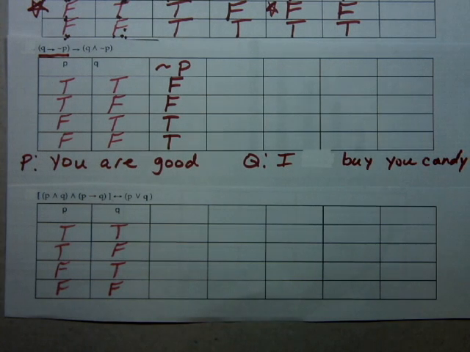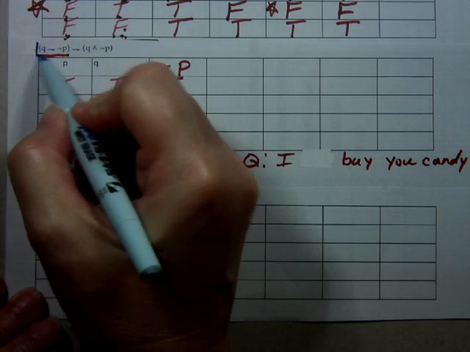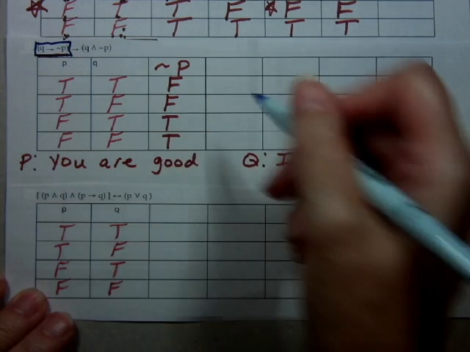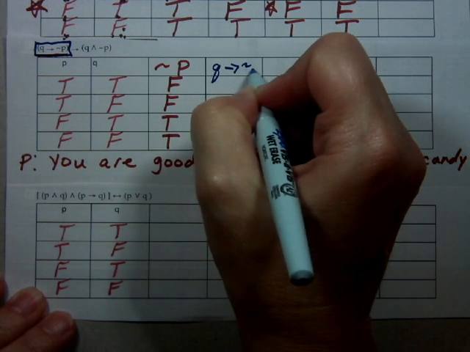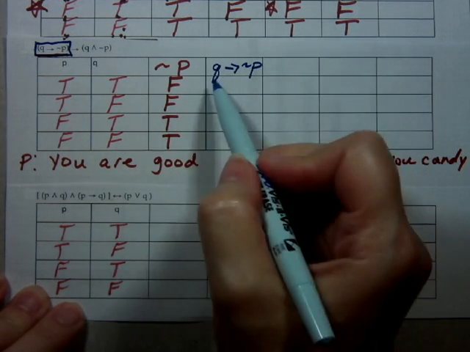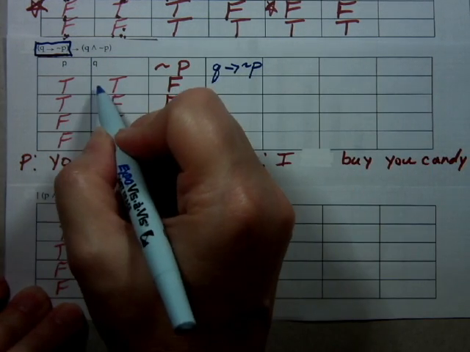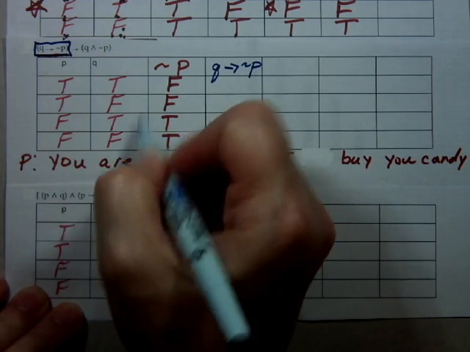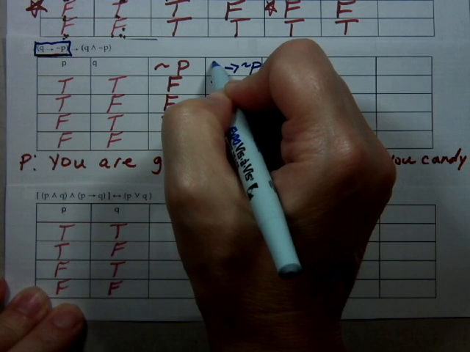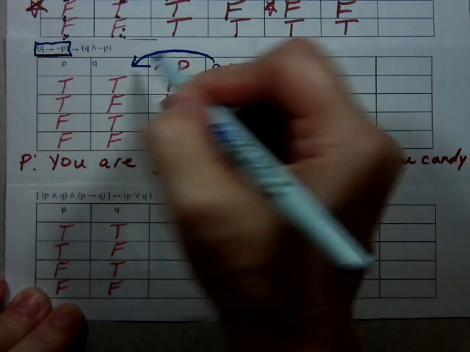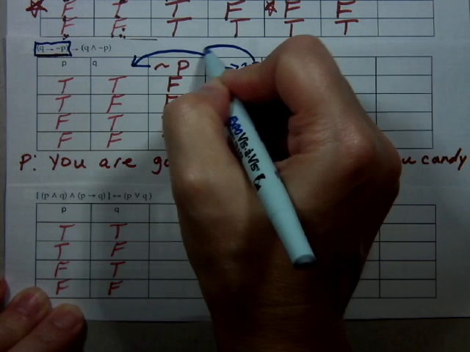Now that I've found that, let me find this: Q implies not P, which means if you do this, then I will do that.